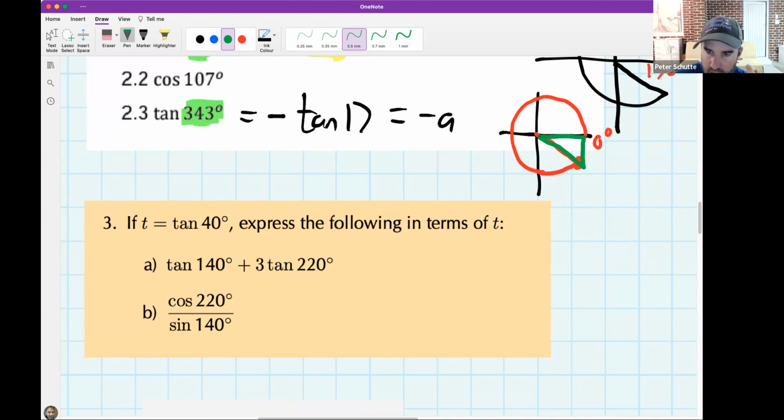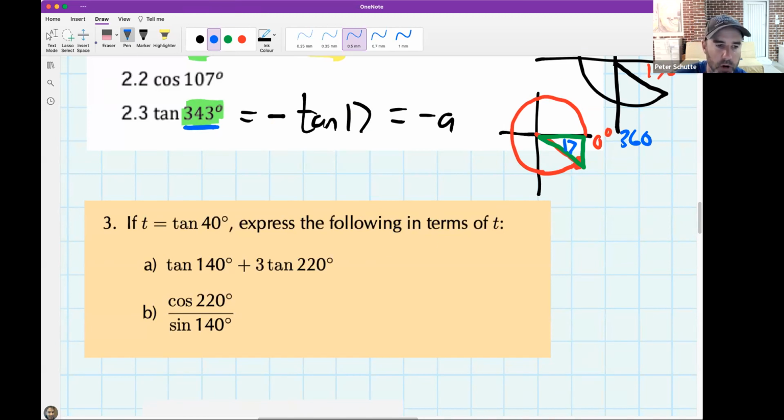But if your generating angle was 343, there's no way 343 fits inside a triangle. And so the key thing is we say, how far is this red angle from the nearest horizontal? And it's 17, because the whole way around would be 360. So the tan of 343 will be in quadrant 4. I hope that helps a little bit. And tan is negative in the fourth quadrant. Yes, that is important.